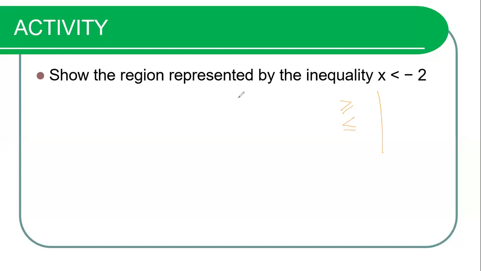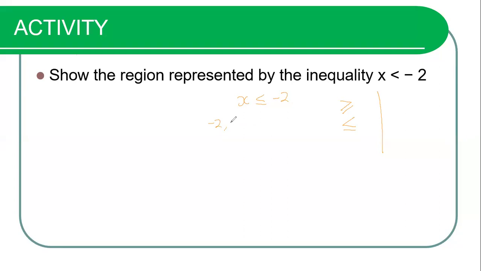Take an example. When I have x is less than or equal to -2, and I'm looking for the values that are less than or equal to -2, those values can be any value that is less than. So values that are less than or equal to -2, we have -2.